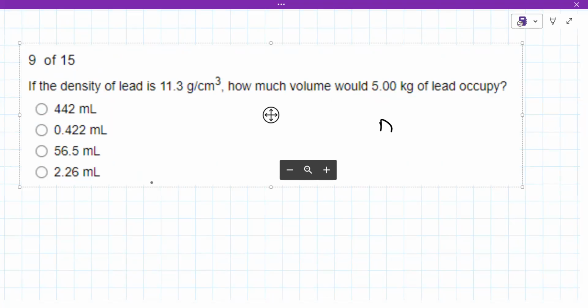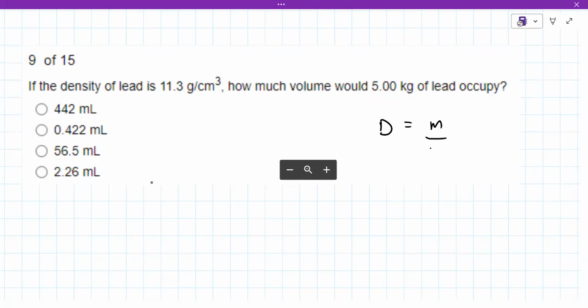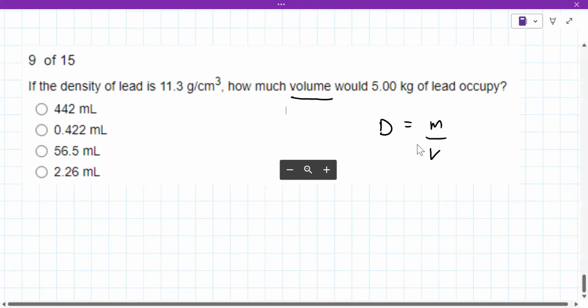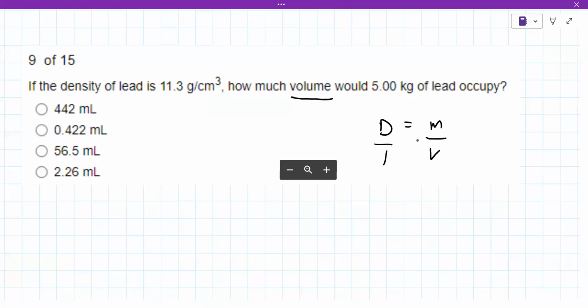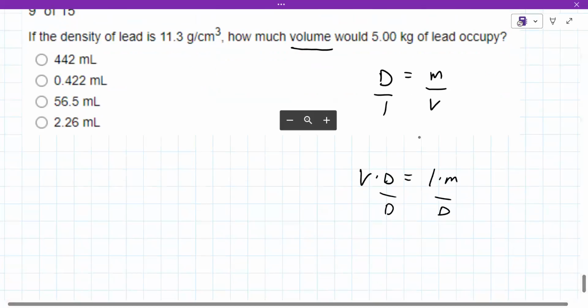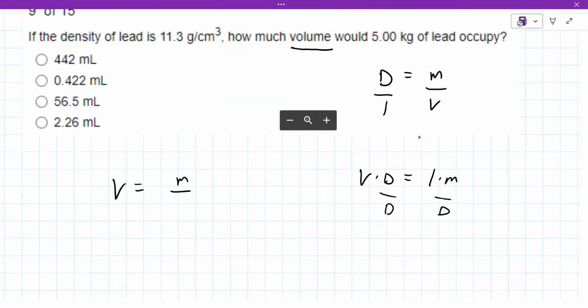So density we just talked about is mass divided by volume. And we're trying to solve for volume. So my preference is to solve it without the numbers first. And to do that, you can cross multiply here. V times D equals 1 times M. Divide both sides by D. So volume equals mass divided by density.